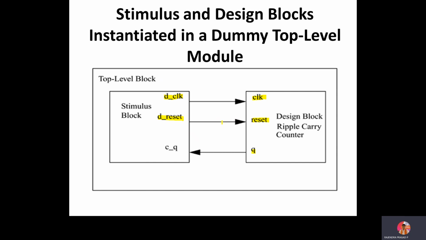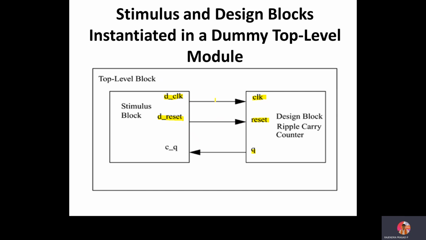Okay. So I should write a separate stimulus code with all the conditions, and I should write the main program separately. This main program and this stimulus program should match in the variables. That is why you always observe that for the clock variable you have a dummy clock, and for the reset variable you have a dummy reset value.